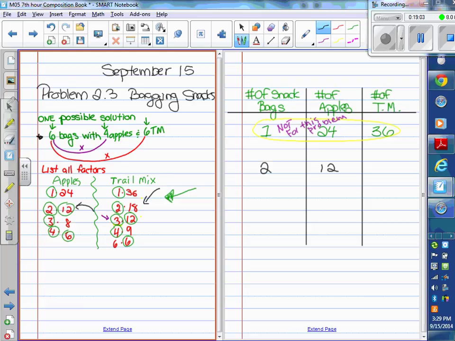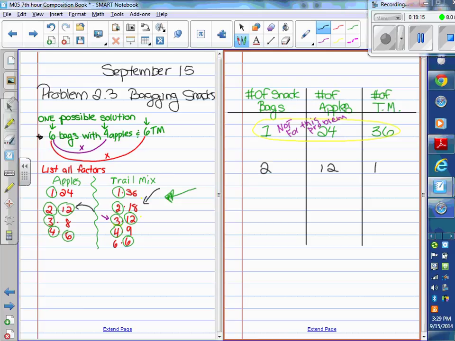Charlie. 13. 2 times 13 is only 26. 18. Okay, Richie, what about if I have 3 bags? How many apples? 8. There we go. 8 apples and 12 packets of trail mix.